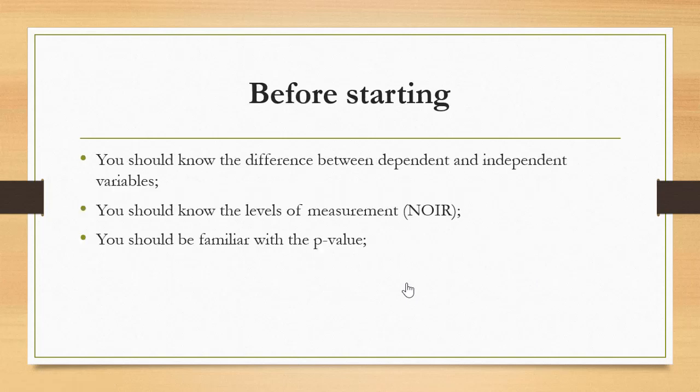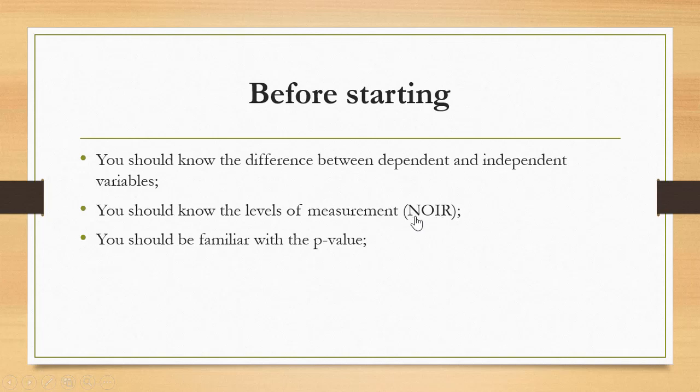So let's get started. Before starting, you should know the difference between dependent and independent variables, and you should know the levels of measurement, in the acronym NOIR in French, which stands for nominal, ordinal, interval, ratio.